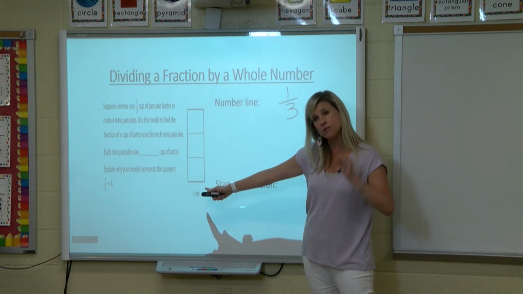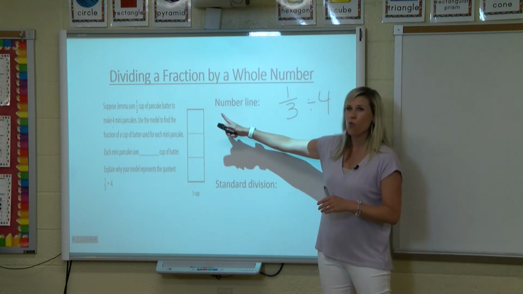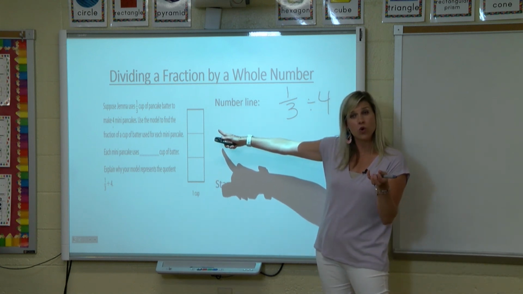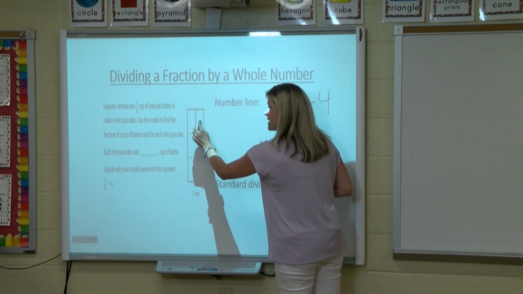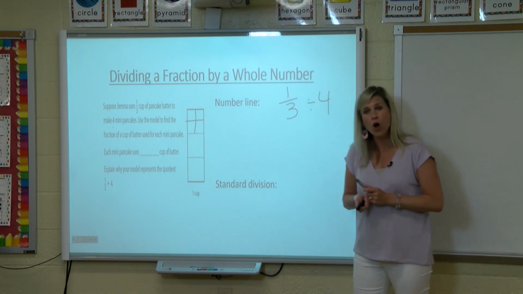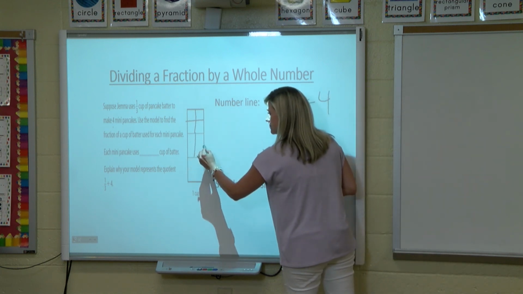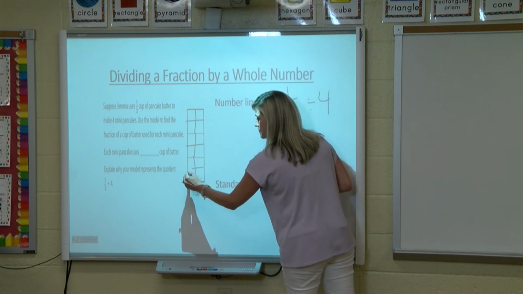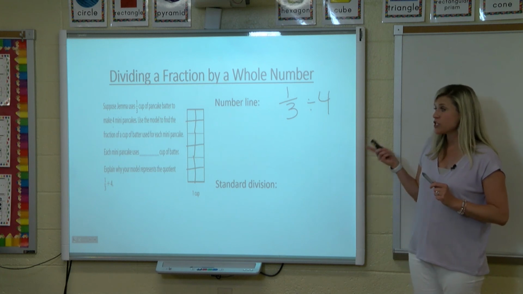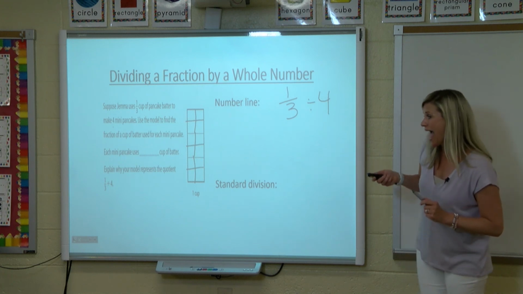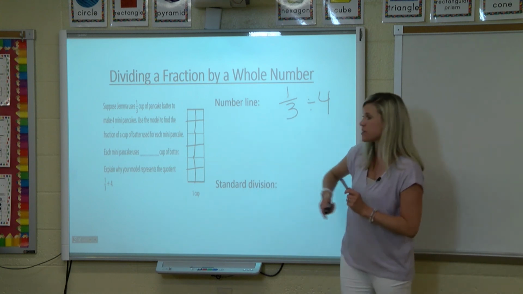Remember, 1 cup was broken into thirds. So now we'll take that 1/3 and instead of making 1 large pancake, we can divide that into the 4 small pancakes. Same with this one and this one. And so when you look at that, you should be able to tell how many mini pancakes are in each cup.